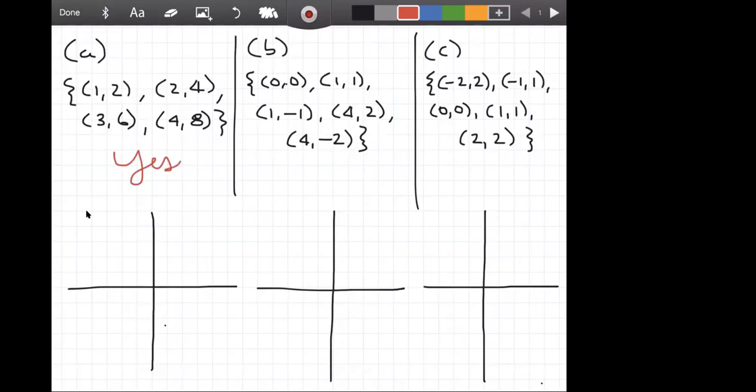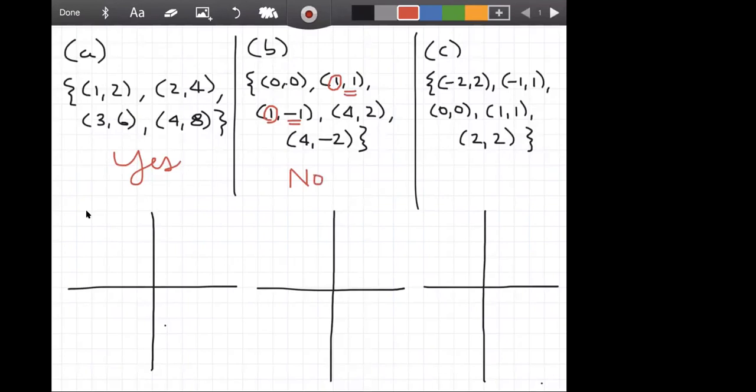Letter B does not represent a function. One reason it doesn't represent a function is because the number 1 is going to 2 different values of y, both 1 and negative 1. And incidentally, you have the same problem with x equals 4 also going to 2 different values of y.